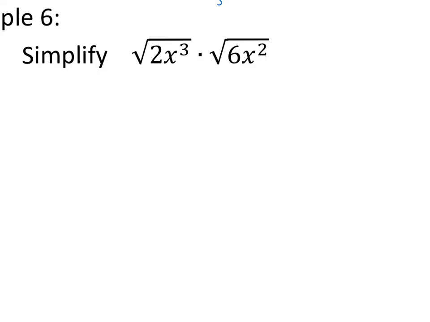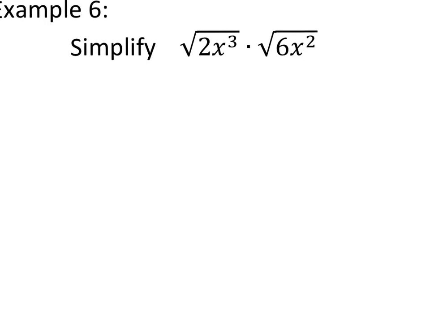Our last question is a combination of a lot of things, so very good question. When we're multiplying roots, the insides get multiplied times each other, so we're going to end up with the root of 12, and then we add exponents here, so x to the 5th.